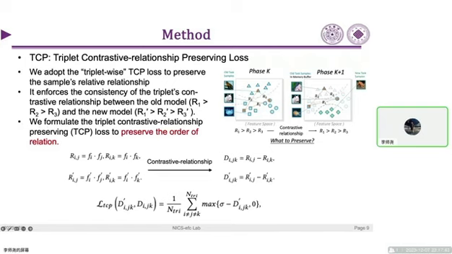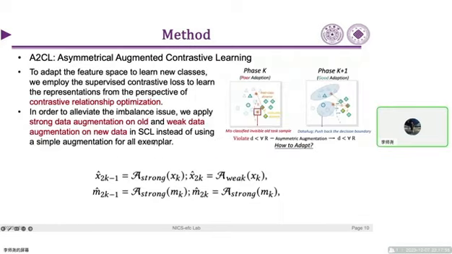We formulate the triplet contrastive relationship loss to preserve the order of the relationship. Actually, we use the triplet loss to achieve this purpose.